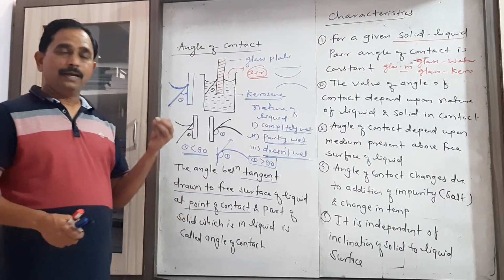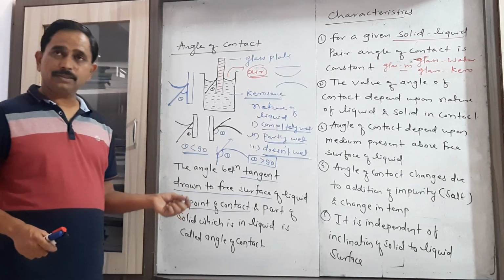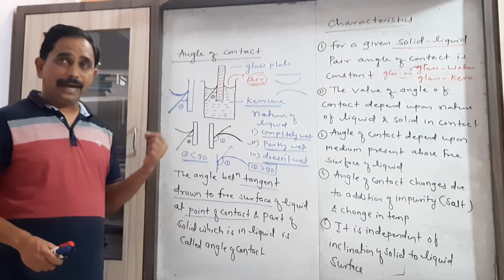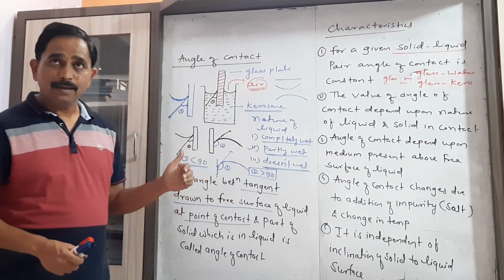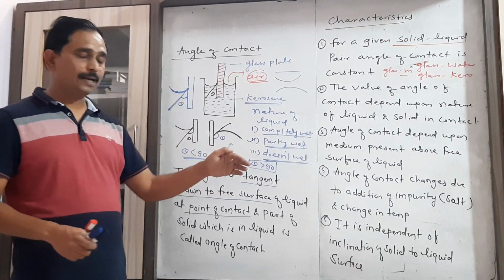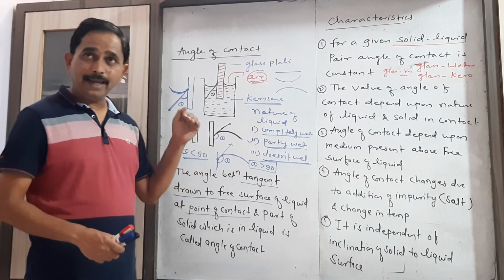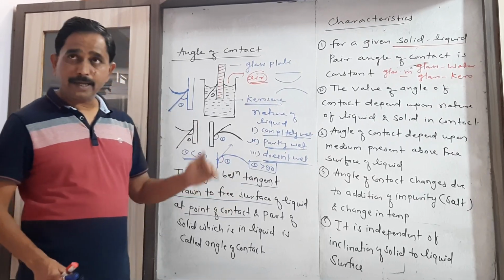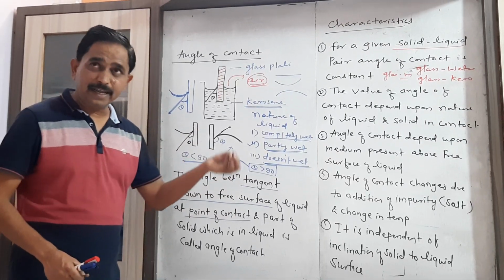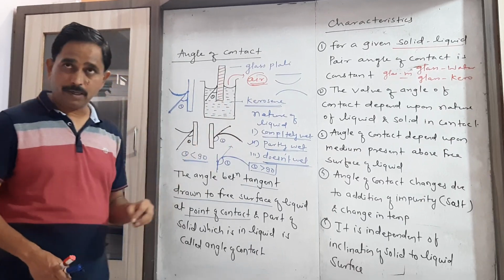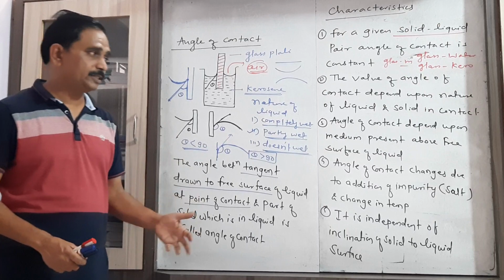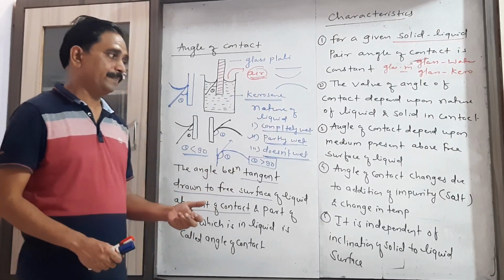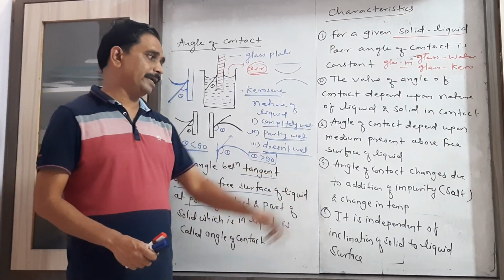Then the fourth one, angle of contact changes due to the addition of impurity. The angle of contact in case of pure water and glass is different from the angle of contact in case of water containing some soluble salt, that is highly soluble or weakly soluble, that is NaCl or a detergent. So we have to discuss it later on.